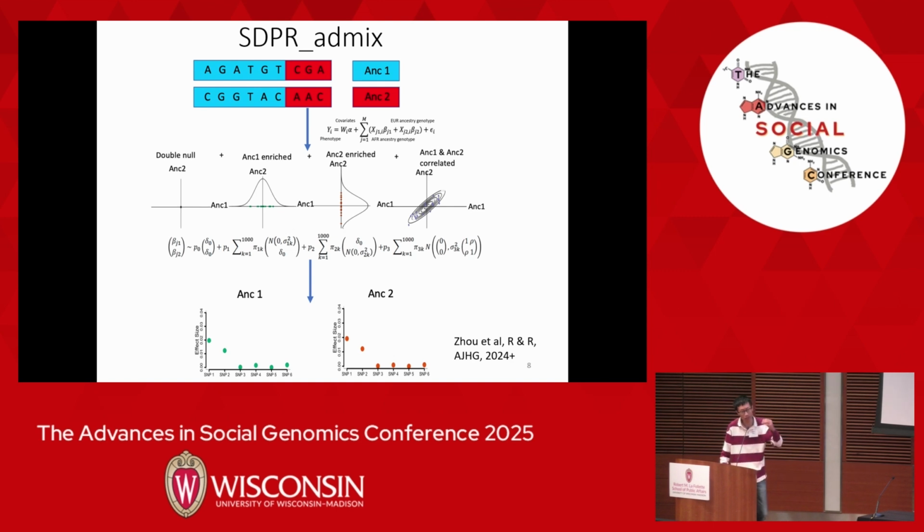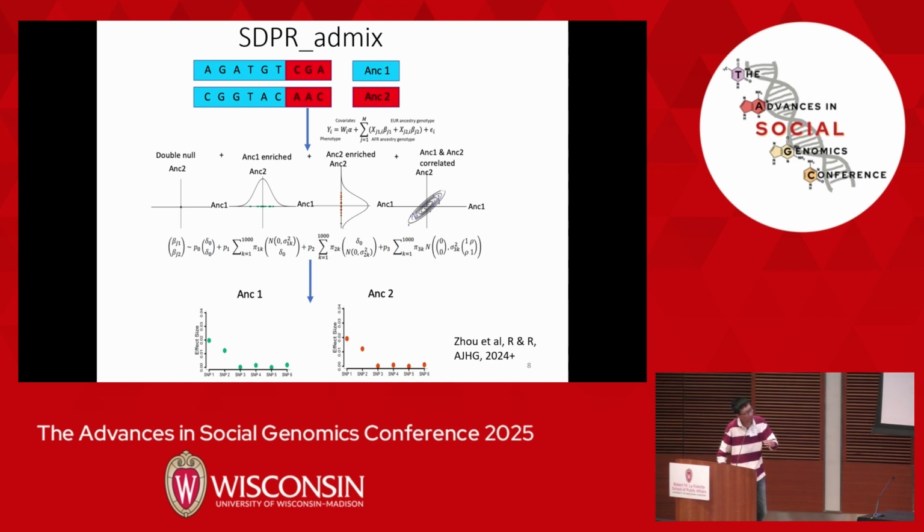So this is the first part of our model or the equation. But we go beyond that to assume that the effect size across local ancestry can be divided into 4 components. The first is the effects that are really both 0 across the 2 ancestries.